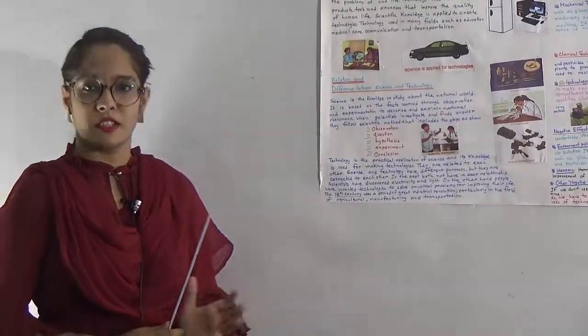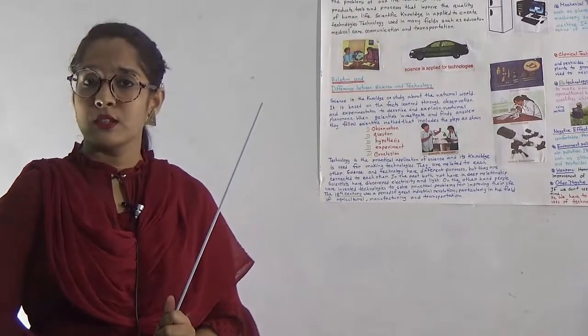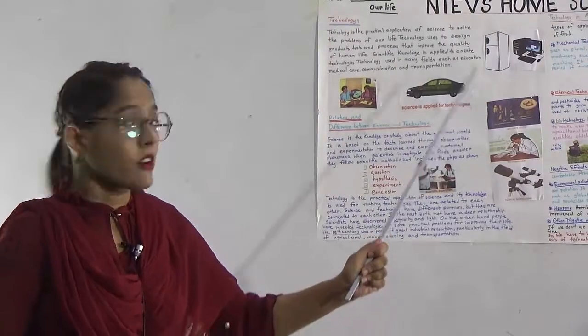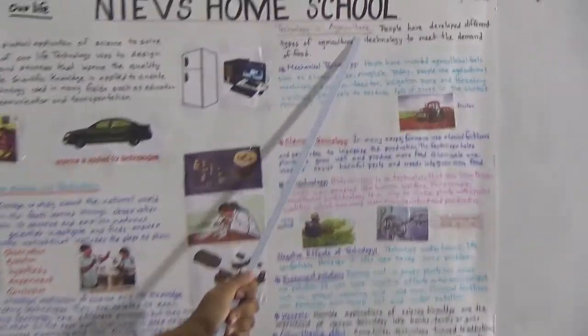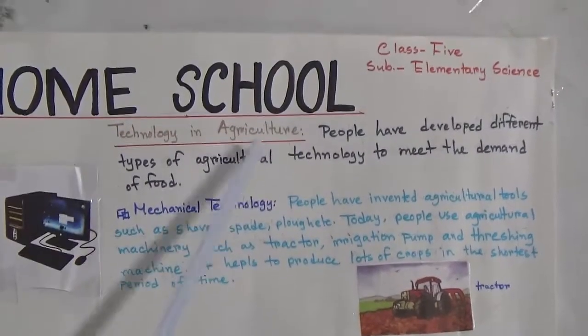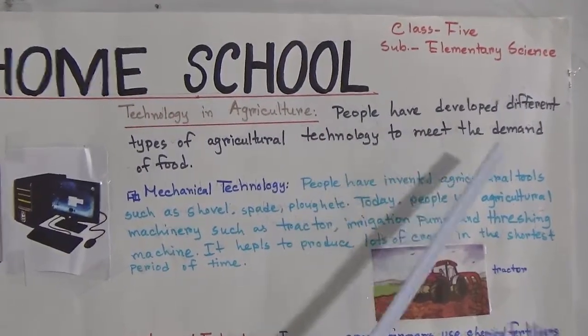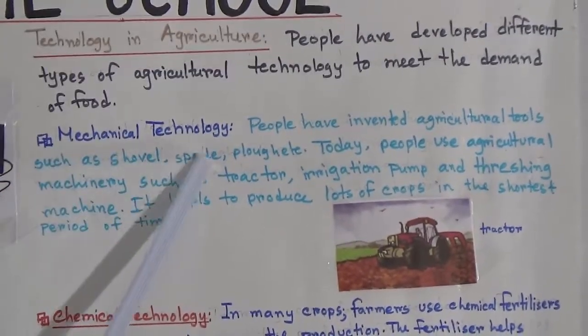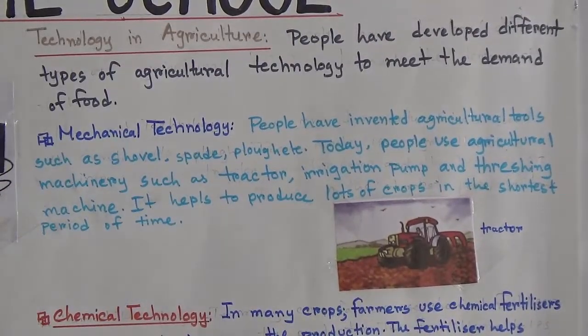Okay. So the uses of technology in our life. There are so many sectors in our life where we can use technology. The most important part is agriculture. So see, technology in agriculture. People have developed different types of agricultural technology to meet the demand of food. Number 1, mechanical technology. What is mechanical technology?